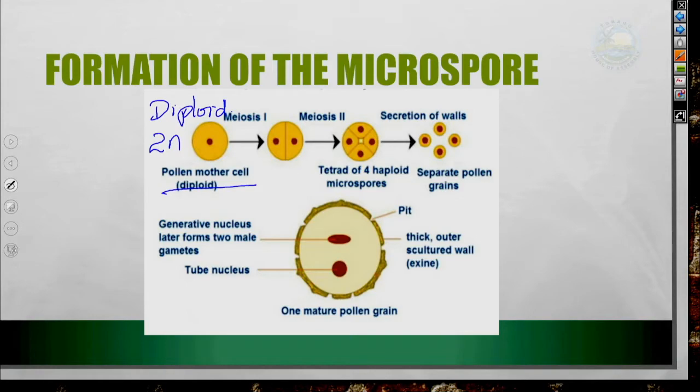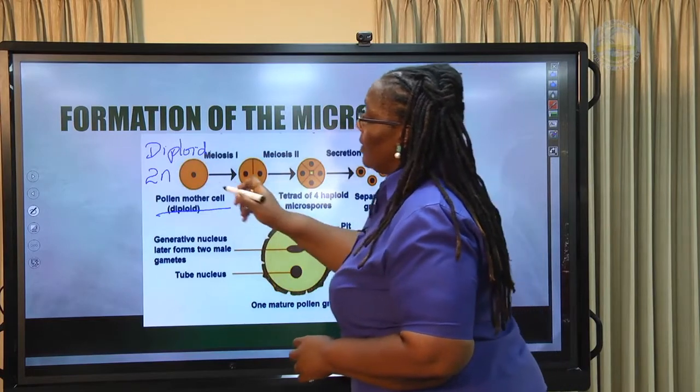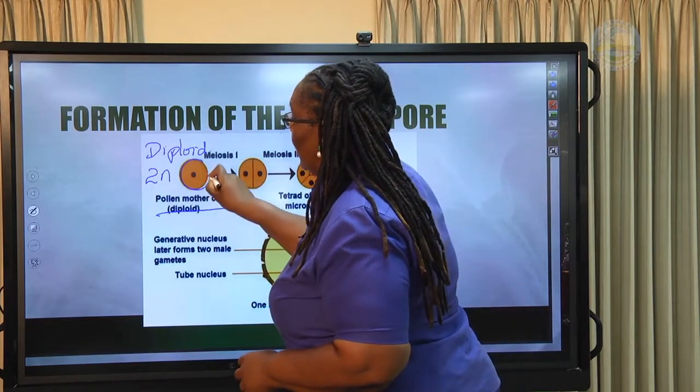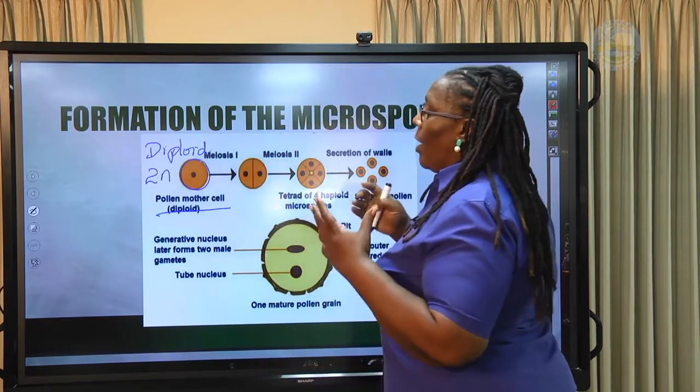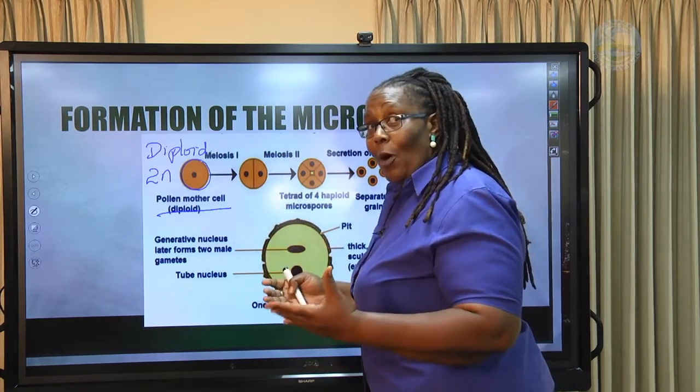So you have this cell. Remember, this is happening inside of the anther. This diploid cell is the pollen mother cell, also known as the microspore mother cell.